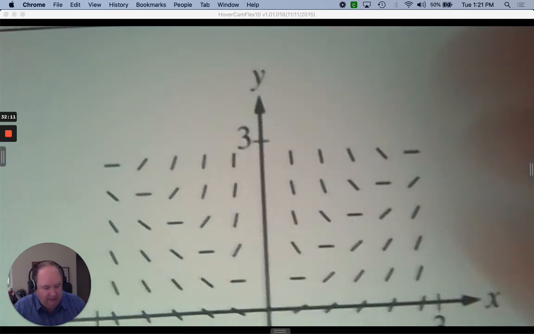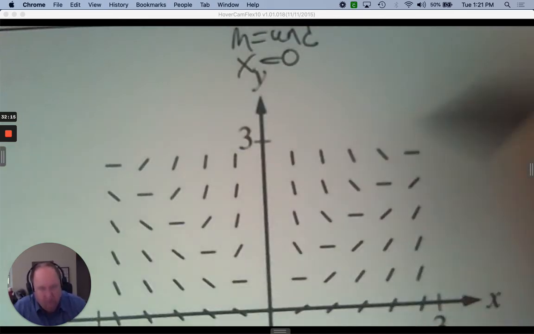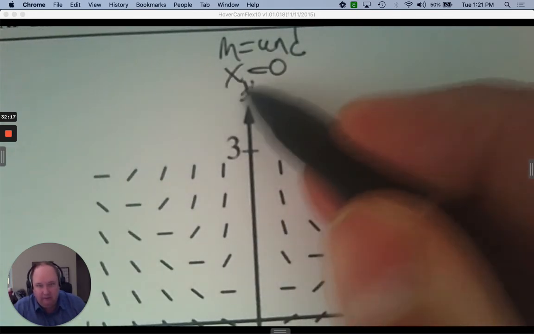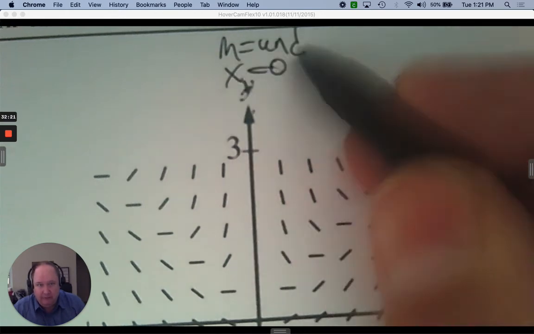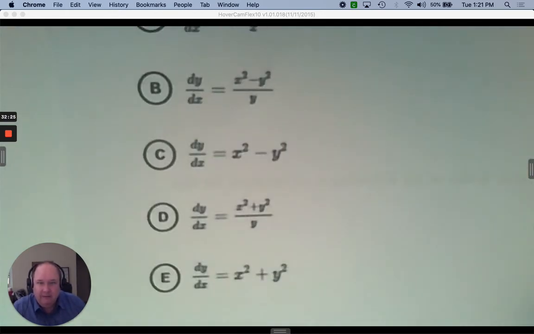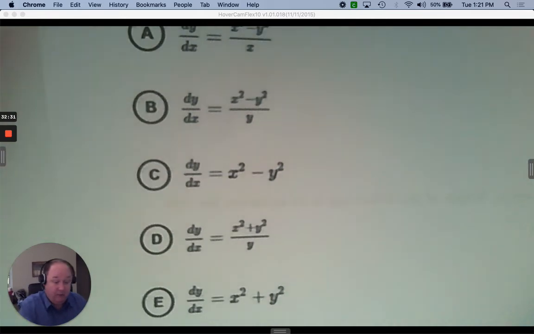So that means the slope is undefined when x equals what number? What does x equal along this axis? So when x is 0, the answer better be undefined. So look at each one and tell me which one shows undefined when x is 0. And then circle it. That's all we need, actually.